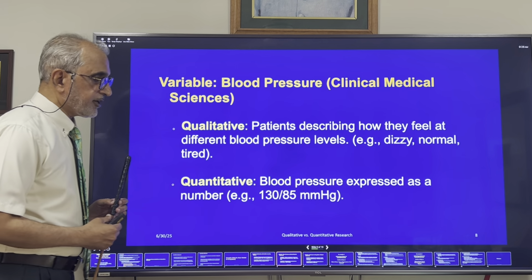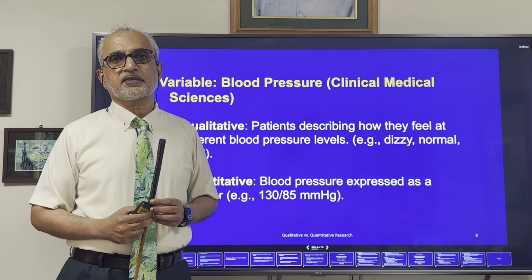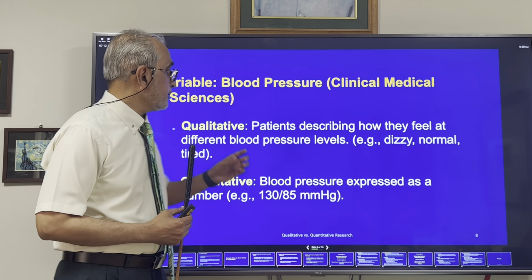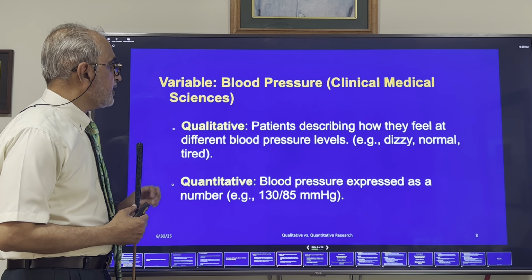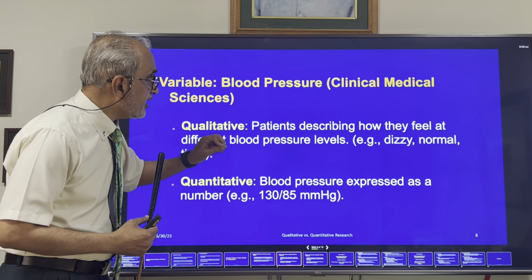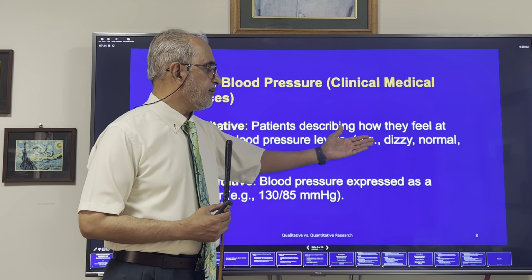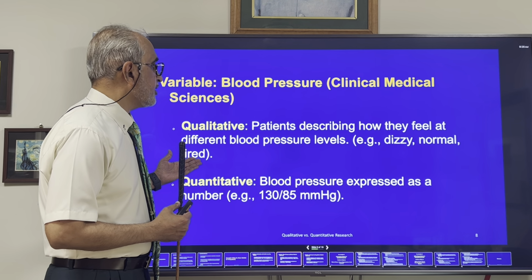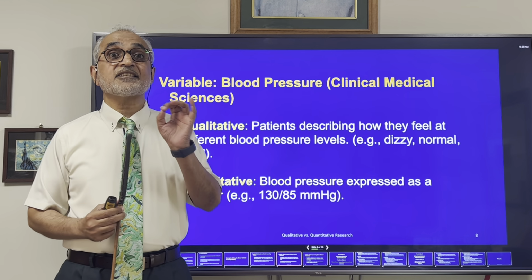Let me take another variable, blood pressure, in clinical medical sciences studies. A qualitative study in which the variable is blood pressure could be patients describing how they feel at different blood pressure levels. For example, they may describe feeling dizzy, normal, or tired. Now these are not numbers, these are words.